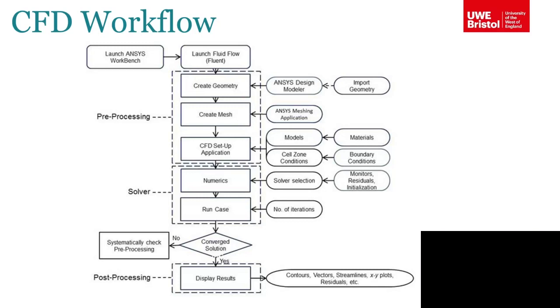So you look at the results. Basically, after the solver, what you get is arrays of numbers in a grid. Then you have to visualize those numbers in a physical space. That's what your post-processor does.